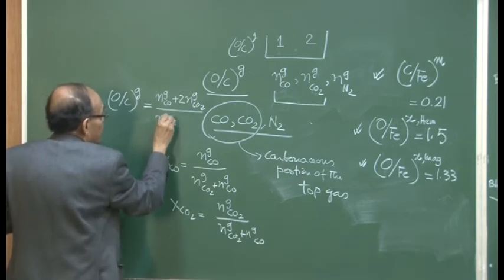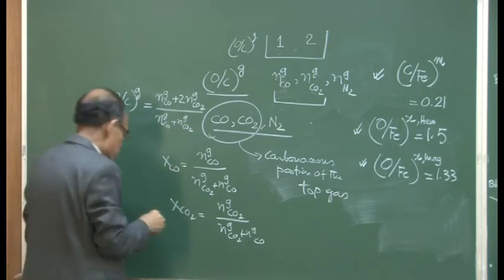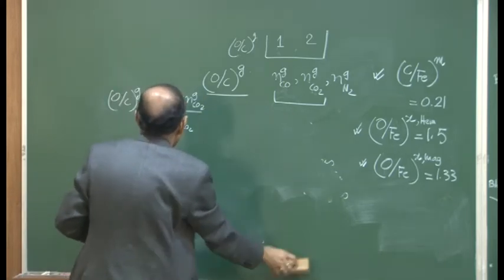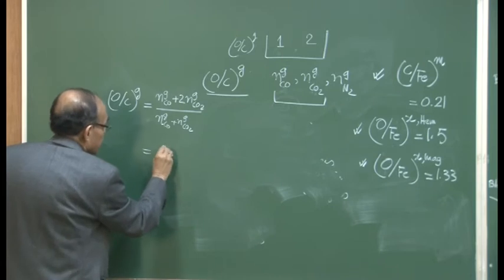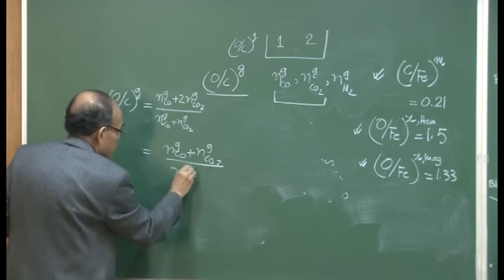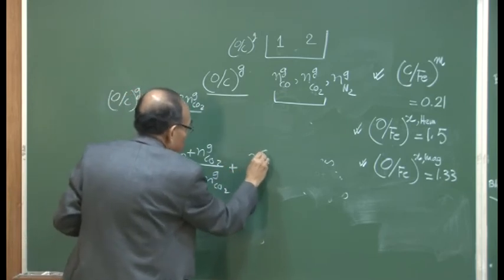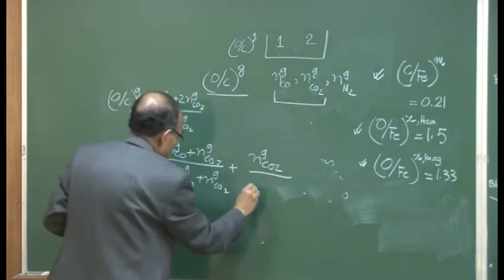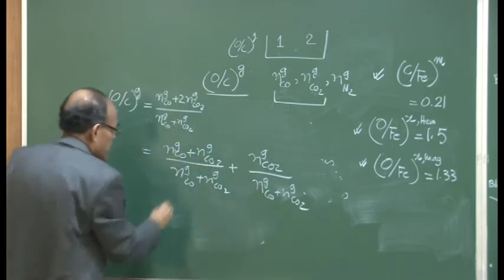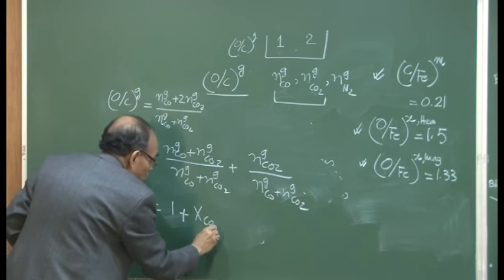So O by C is equal to NgCO plus 2 NgCO2 divided by NgCO plus NgCO2, which becomes 1 plus NgCO2 divided by NgCO plus NgCO2. This is equal to 1 plus x of CO2.